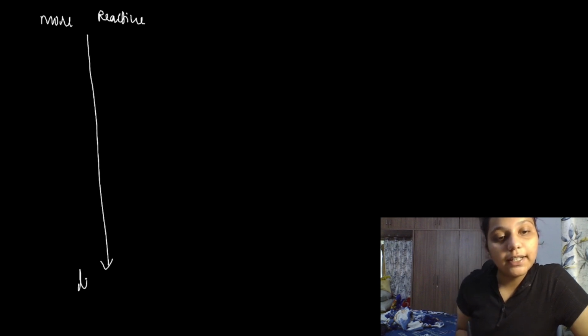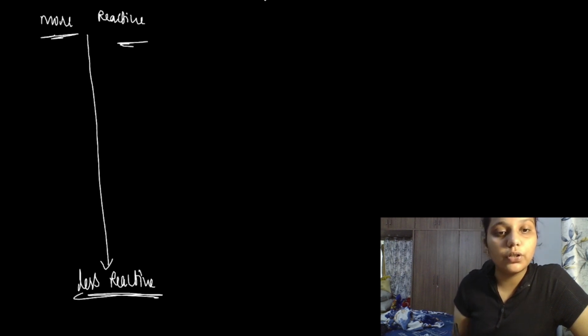Okay, so we'll consider the most reactive to the least reactive scale. We will write it down, so you also write it down. This is very, very important in the future also.